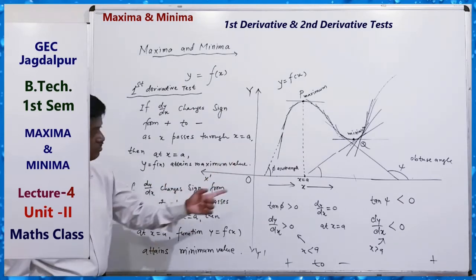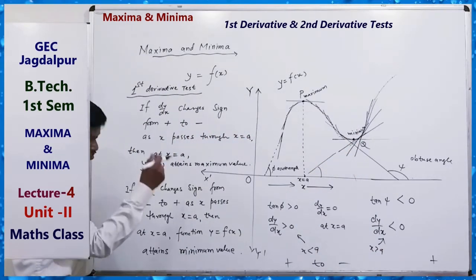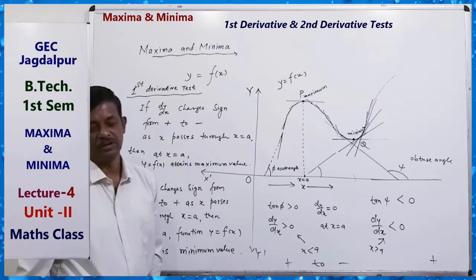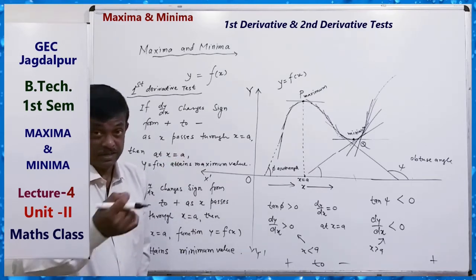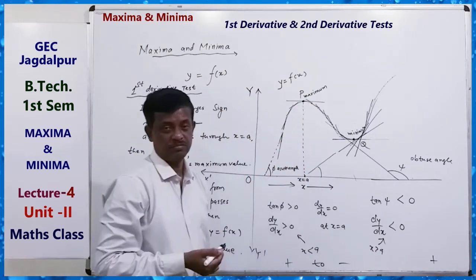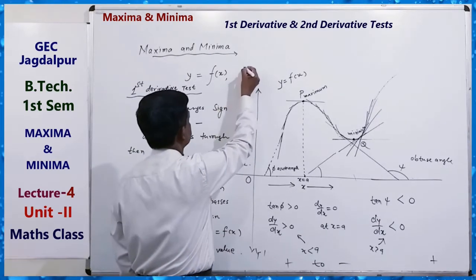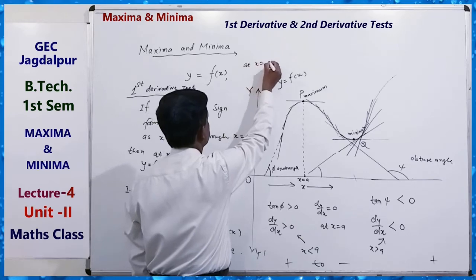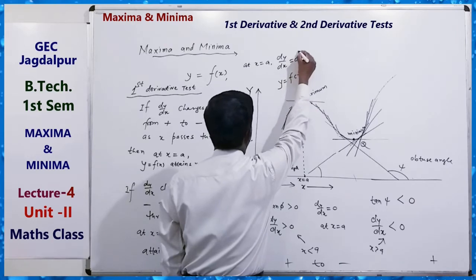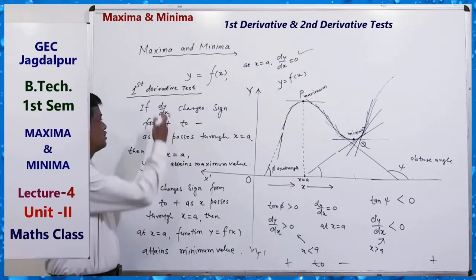If negative to positive, then the function attains a minimum value, and point a is called a maximum or minimum point. And here we see that at x equal to a, the derivative is 0. So this is the first derivative test.